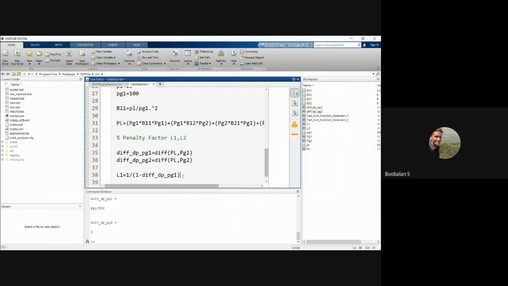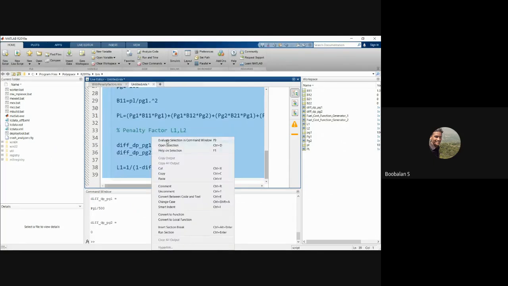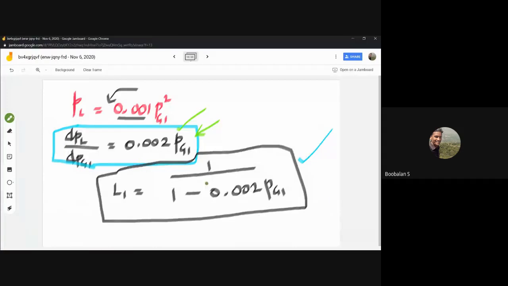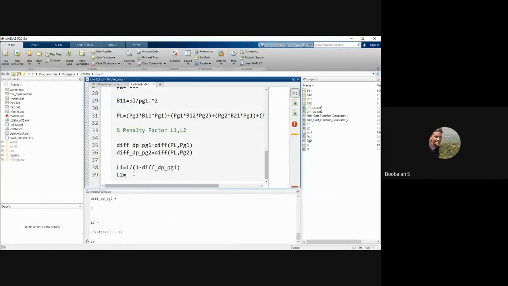So then it will calculate L1. We'll check L1. Yeah, L1 is now minus 1 divided by Pg1, which is correct, right? In the same way, we need to calculate L2. L2 equal to this one is now 0, right?